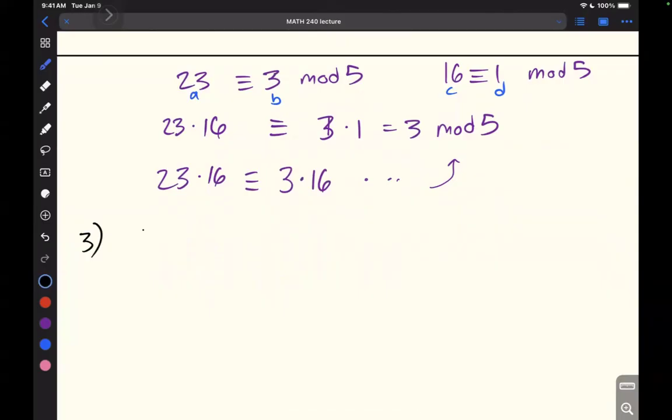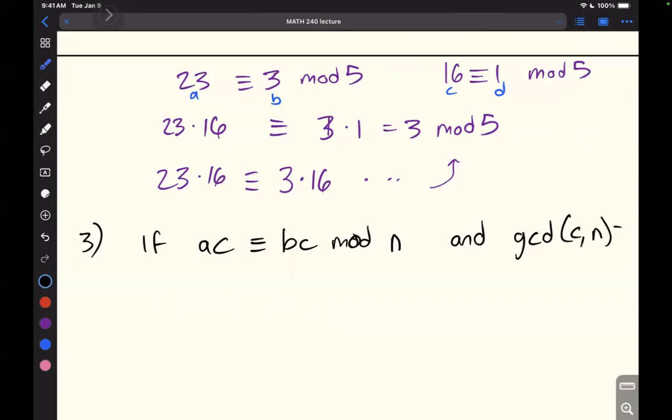We can also cancel things out. So if we've got AC is congruent to BC mod, this particular example for some reason uses N. And the GCD of C and N is 1.